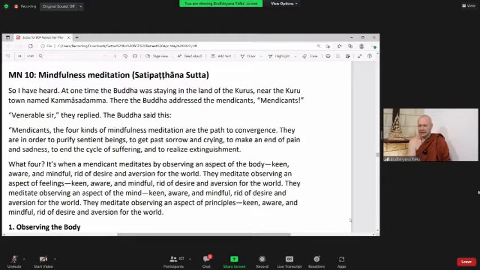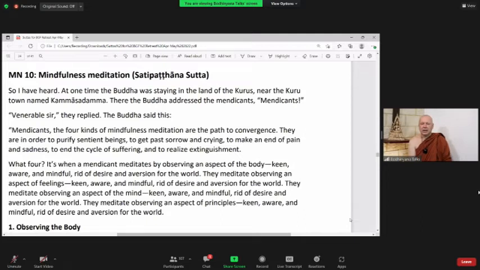This is what you see. This paragraph is the significant one. So this is the standard way that Satipatthana is explained in the suttas. And because it is the standard way, you can take it that it is the most meaningful part of the Satipatthana Sutta. Quite important.